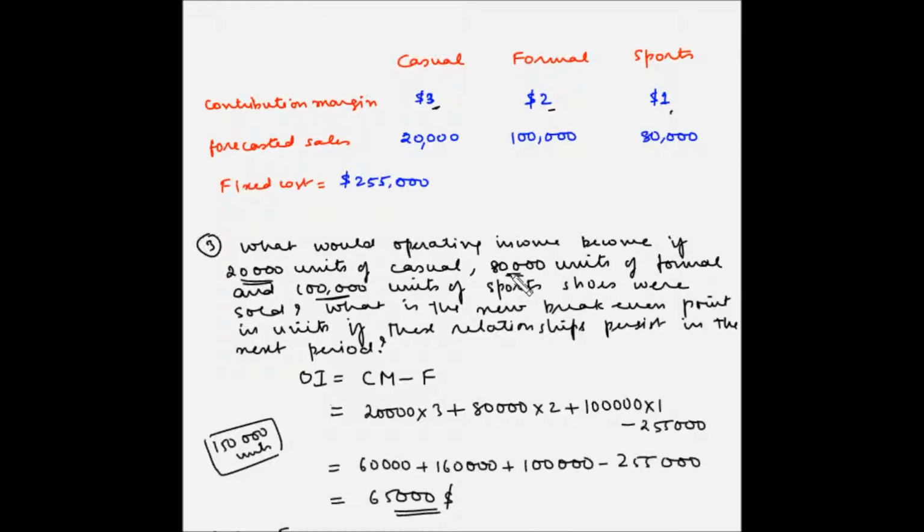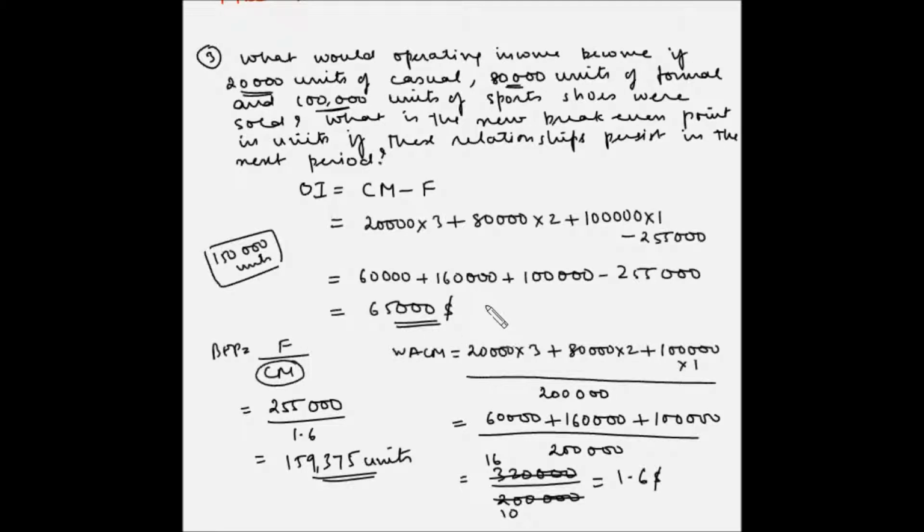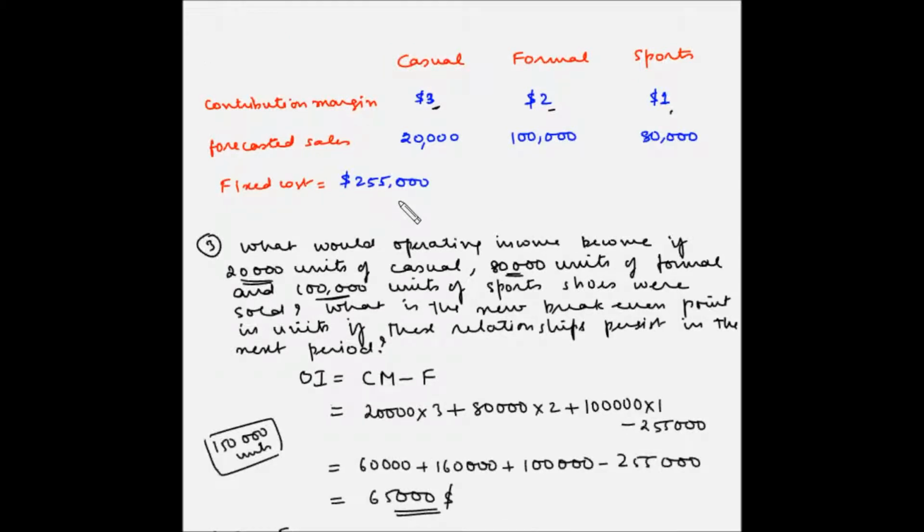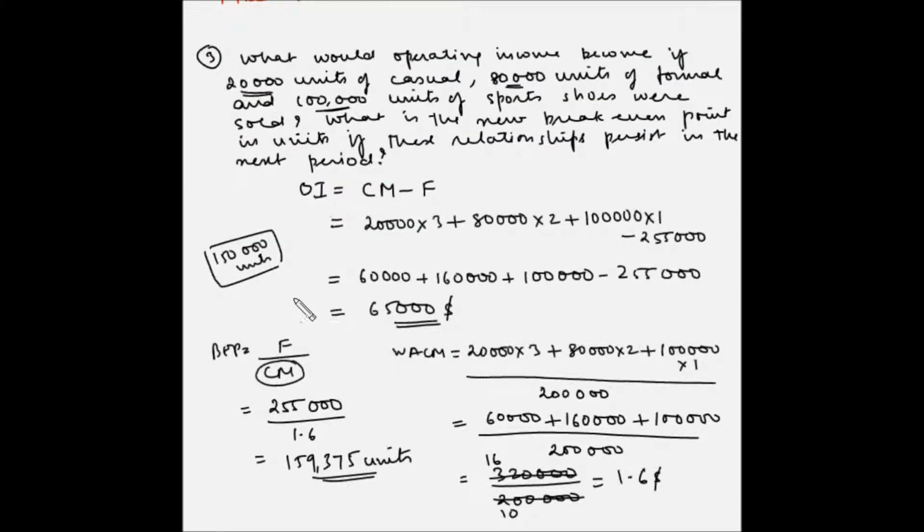And that can be contributed to the fact that we have decreased the sales for the product line which has higher contribution margin and increased the sales of the other product line by the same number of units which has a lower contribution margin. So basically our overall contribution margin has reduced, which means that there are less funds contributing towards the recovery of fixed cost, which means that we have to sell more in order to achieve a break-even point.